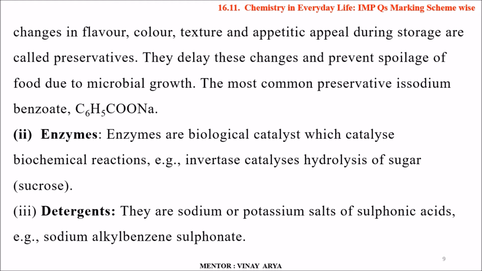They delay these changes and prevent spoilage of food due to microbial growth. A common example of a preservative is sodium benzoate, C6H5COONa. Enzymes are biological catalysts which catalyze biochemical reactions, for example invertase catalyzes hydrolysis of sugar, that is sucrose.